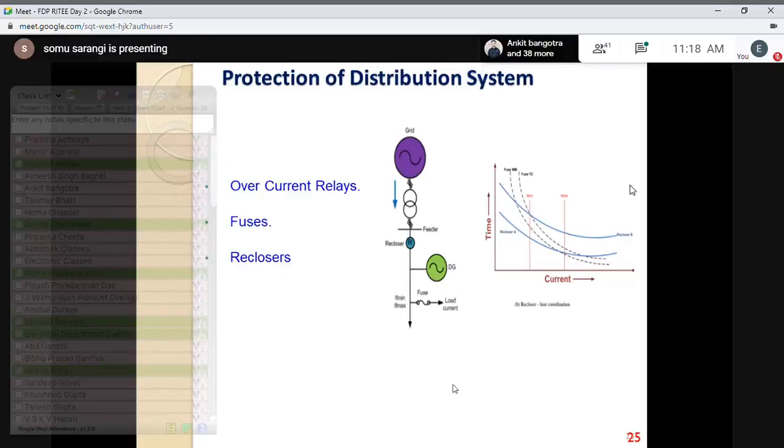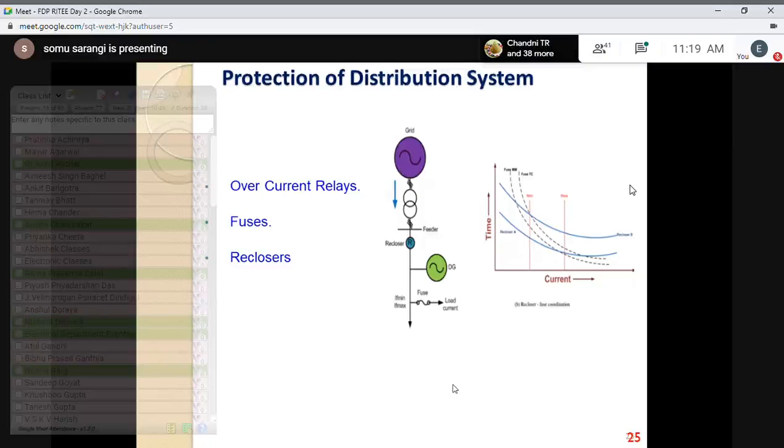Basically, whenever we set the protection of a distribution system, the following things are used. They have to be coordinated: overcurrent relay, fuse, and recloser. First, the recloser will operate. After that, the fuse operates. If the fault still exists, then the overcurrent relay will take care, and basically it will be an IDMT type.